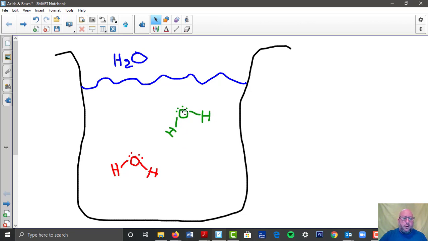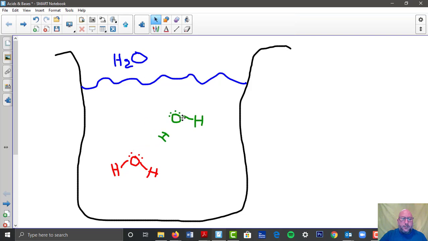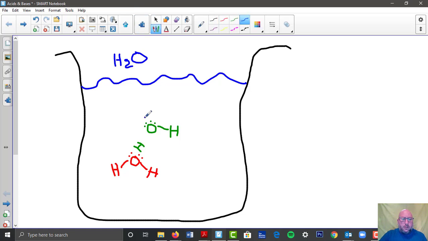So if we take this green water molecule and we collide it with sufficient energy and orientation with this red molecule here, what can potentially happen in water is this can lead to a reaction where this dissociates and breaks apart from one water molecule, resulting in an OH ion that has an extra electron.